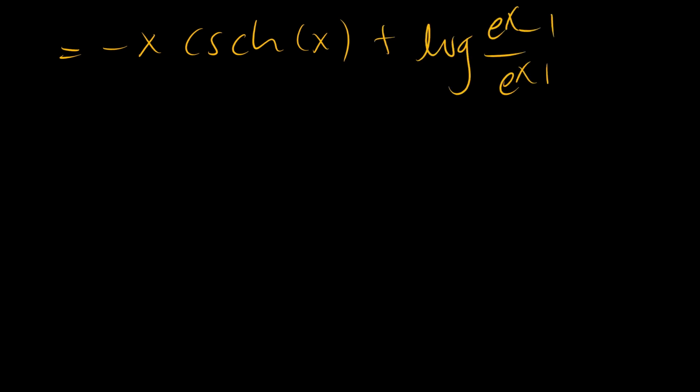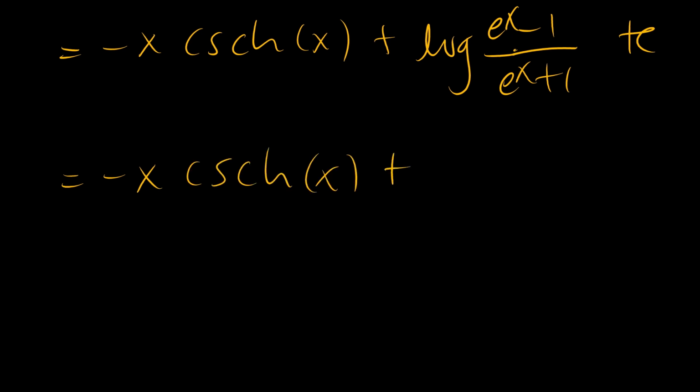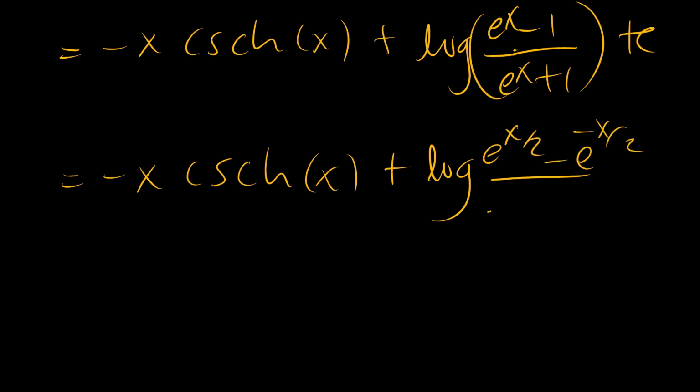So we have x hyperbolic cosecant of x plus log of e to the x minus 1 over e to the x plus 1, and it's easy to see that if we divide both the numerator and the denominator by e to the power x over 2, we get e to the x over 2 minus e to the negative x over 2 over e to the x over 2 plus e to the negative x over 2, right?